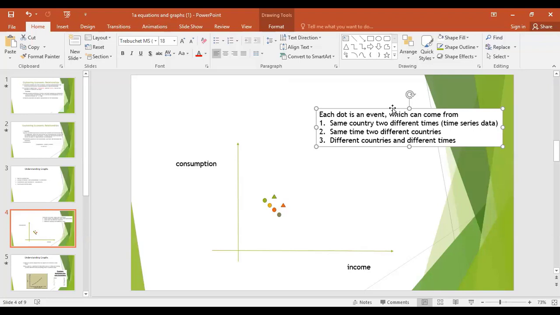So we are actually studying how these events are changing across time. Then second can be same time but many different countries. It can be like we are studying 100 countries for 2020. So it can be 100 dots, one for each country. So it is called cross-sectional data.